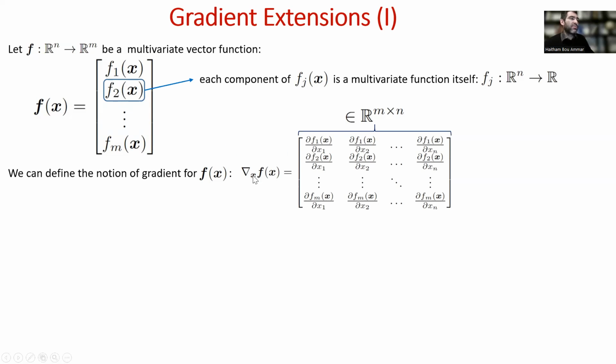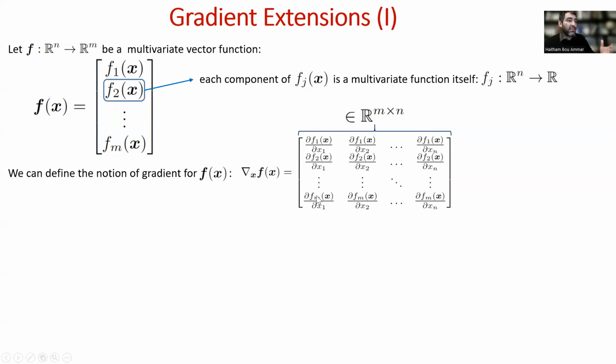Now, in order to define the gradient of that multivariate mapping, the first row of that gradient will be nothing but the gradient of the first component function, f1. The second row in that matrix will be nothing but the gradient of the second component of that mapping f.